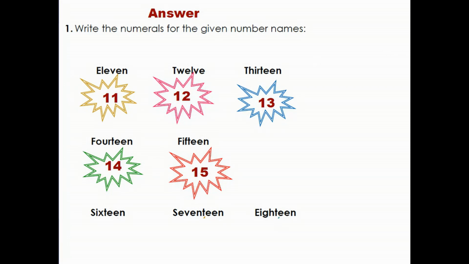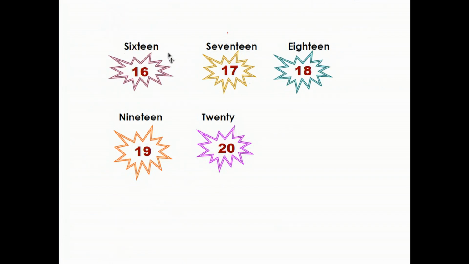The next one is 16, 1, 6. 17, 1, 7. 18, 1, 8. 19 is 1, 9. 20, the symbol will be 2, 0. So I hope you understood what a number name and a symbol mean, how you write numbers in symbols and symbols with their corresponding numerals. I hope it's clear.